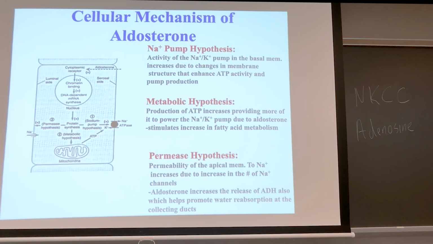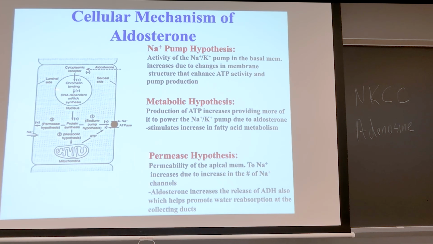All right, we're going to activate a number of genes that are going to bring about an increase in sodium-potassium pumps, right? So we're going to transcribe messenger RNAs for more sodium-potassium pumps. So if we increase the activity of the sodium-potassium pump basally, we can move more salt, right, into the cell and then back into the blood, right?